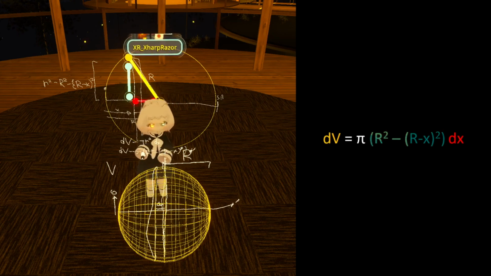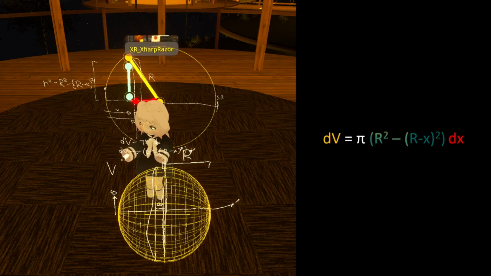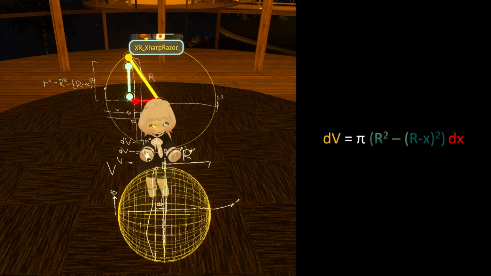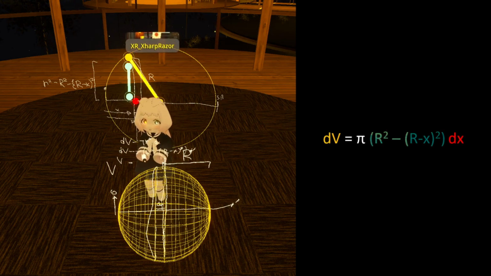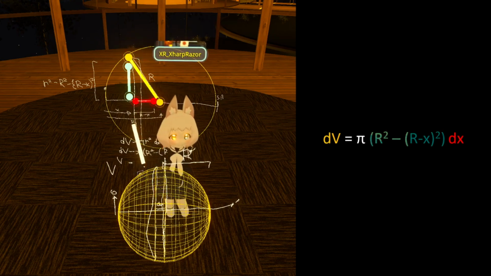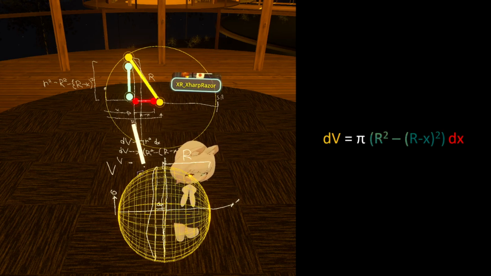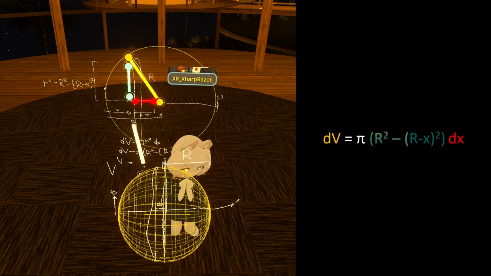Now we are ready to integrate both sides. If we integrate the left side, we have V. In order to make things faster, I have done this beforehand, so let me get my papers.